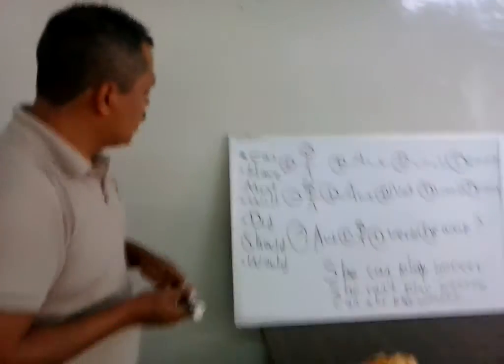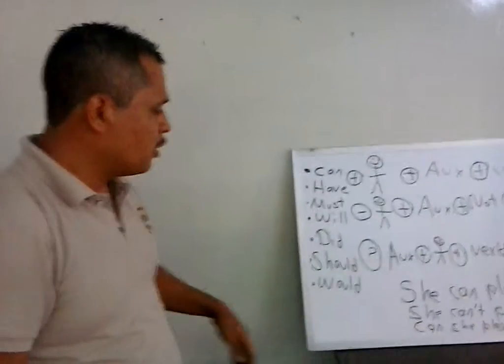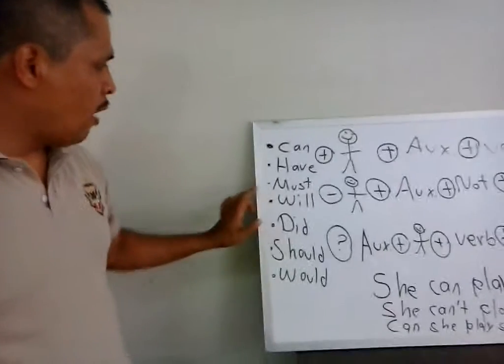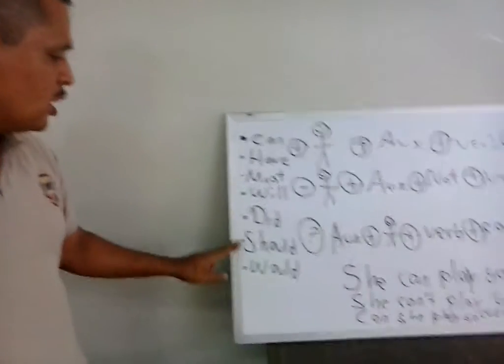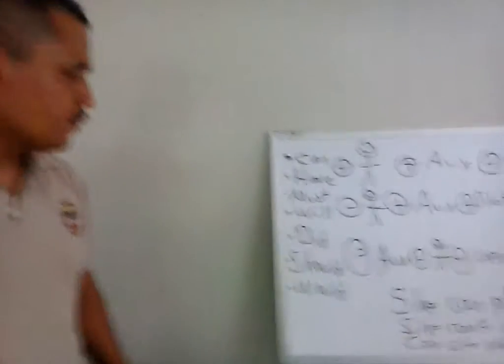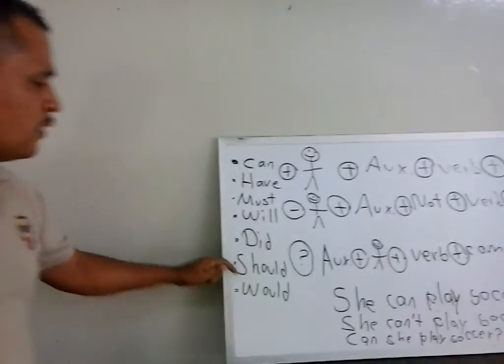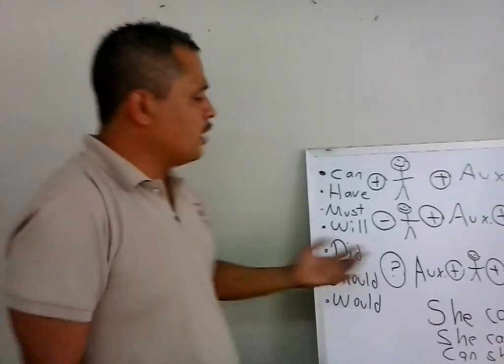And if you change the auxiliary, the meaning will be different. For example, she has, she must, she will, she did, she should, she would. The form is the same. The auxiliary changes the meaning of the sentence drastically, but it's very easy.